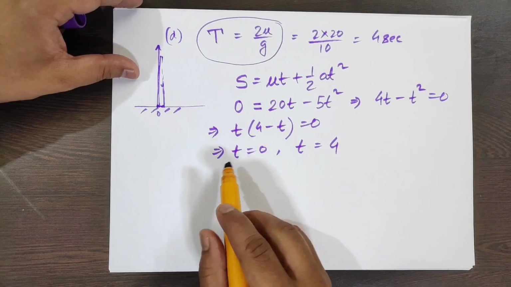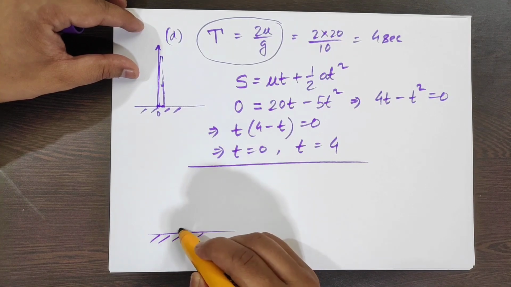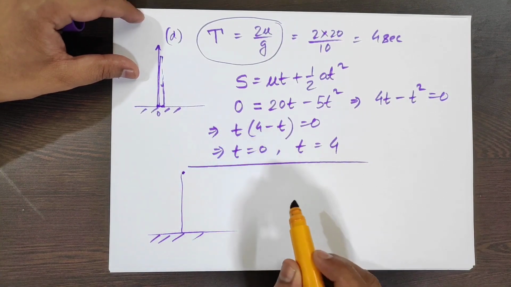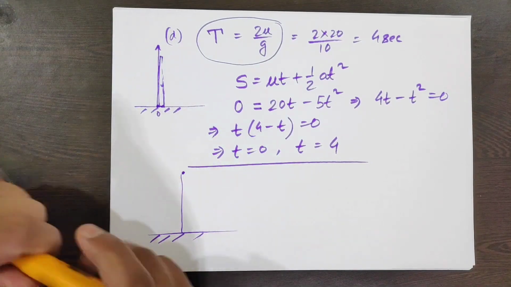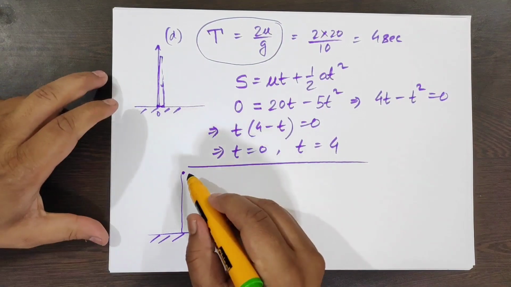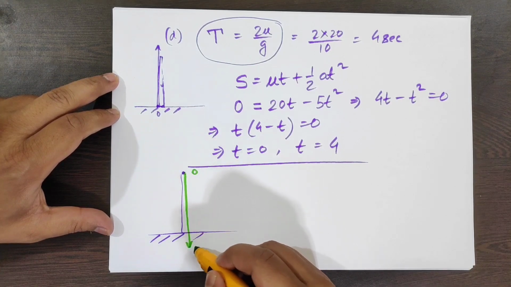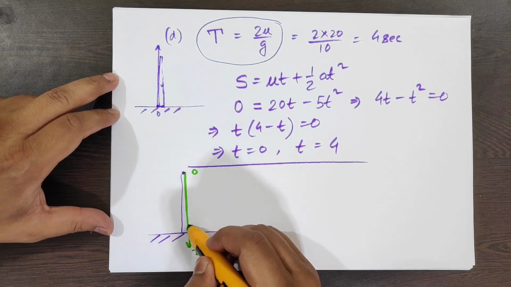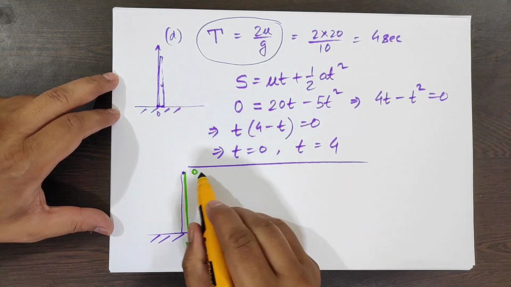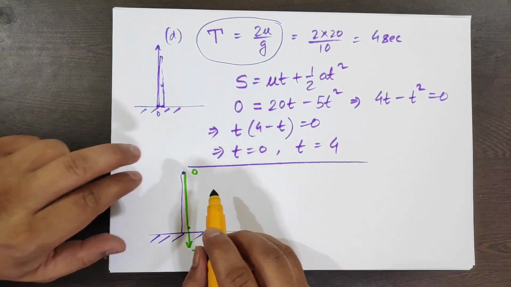And in many books you will find the solution like this. So it goes up to a point, then from this point they choose a separate axis. So they choose a separate 0 and choose a separate axis downwards. So from here to here you calculate the time. So from here you start a new problem.